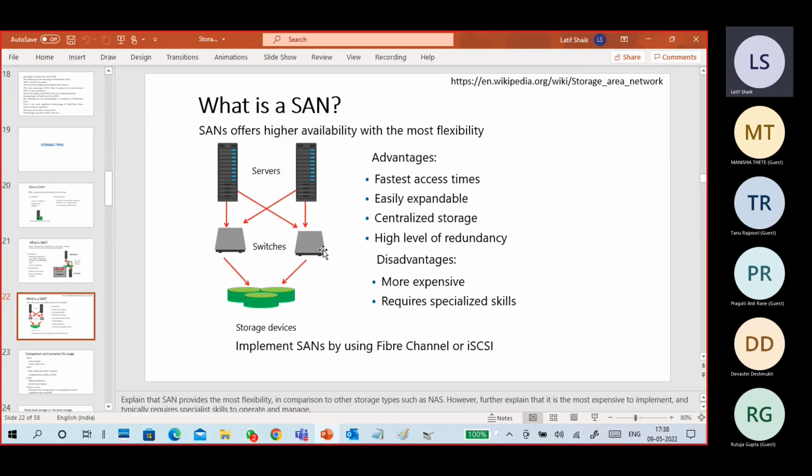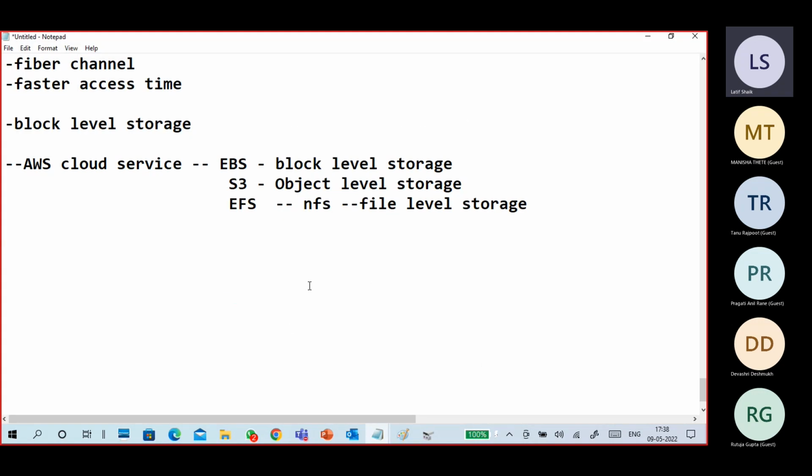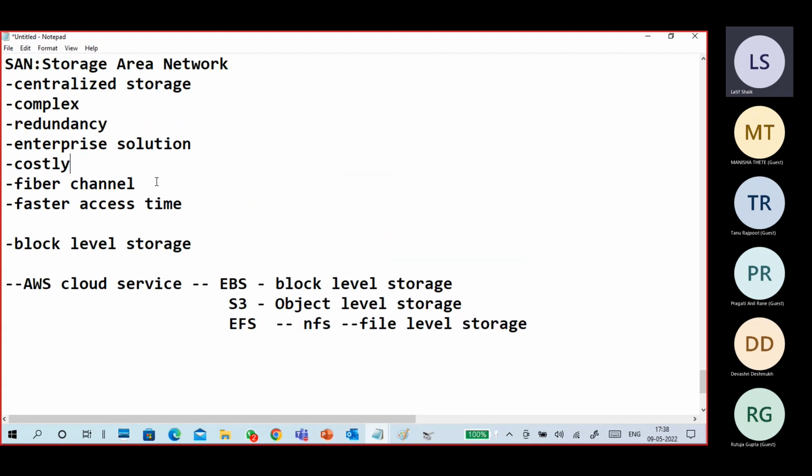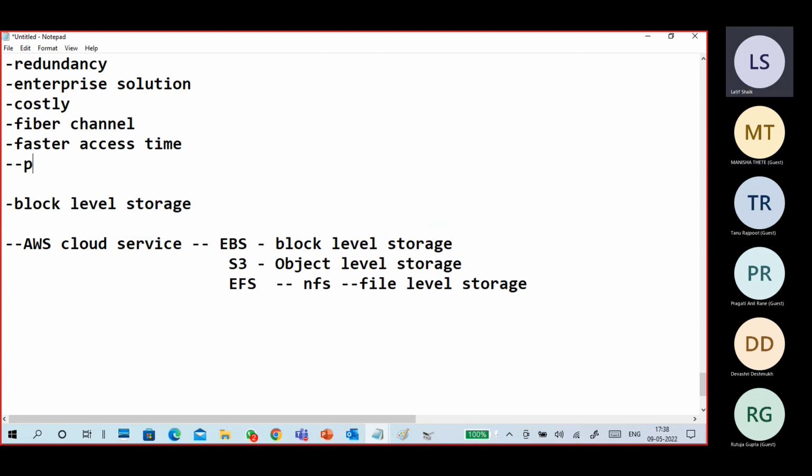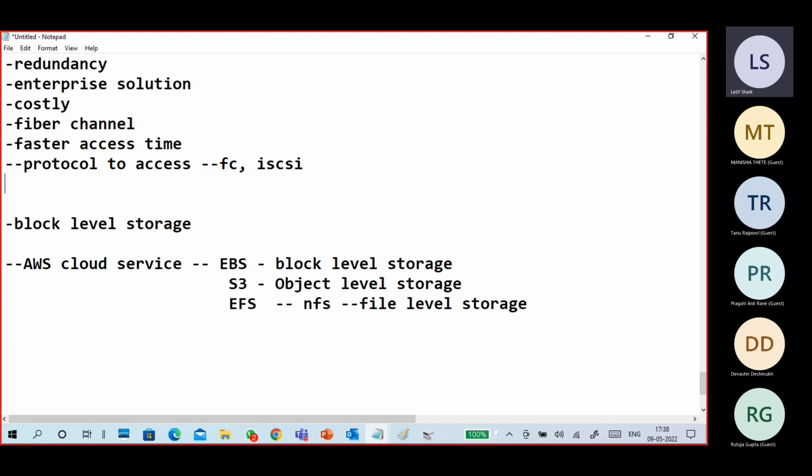NAS and SAN. Storage area network uses fiber channels to communicate. It uses two protocols mainly to access: one is FC, another is iSCSI protocol.